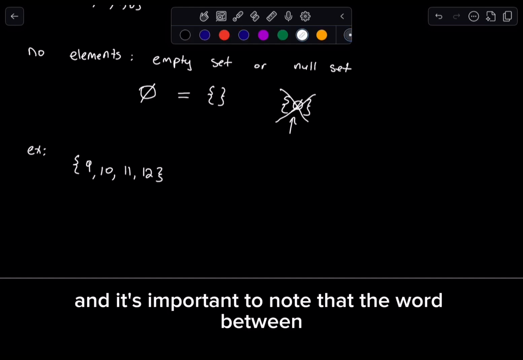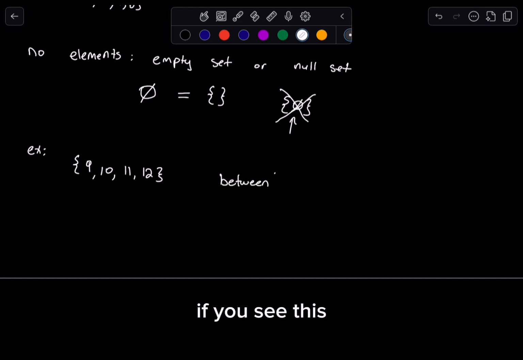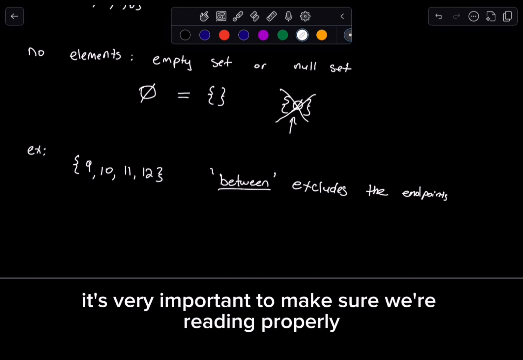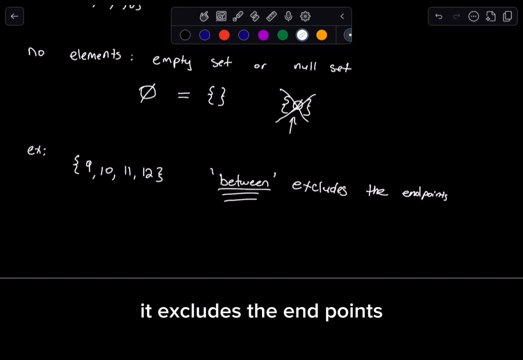And it's important to note that the word between excludes the endpoints. So when we're doing quizzes or tests, it's very important to make sure we're reading properly. And if you see the word between, it excludes the endpoints.